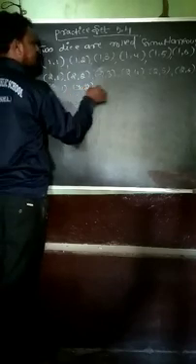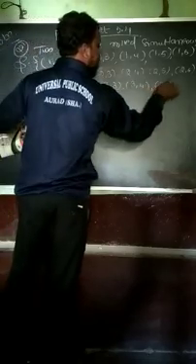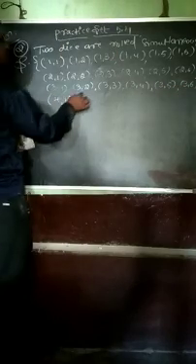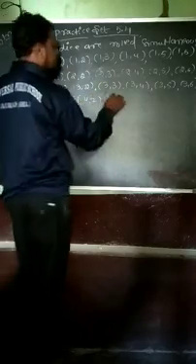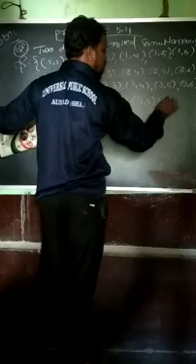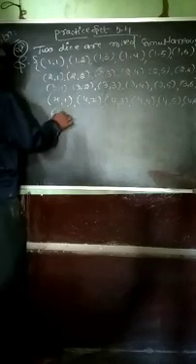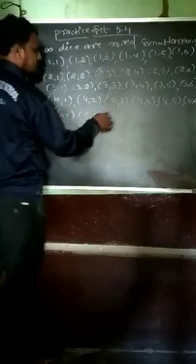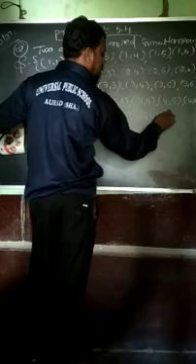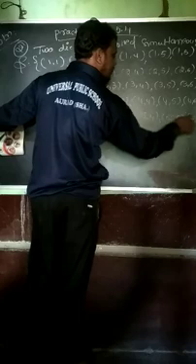3 2, 3 3, 3 4, 3 5, 3 6. 4 1, 4 2, 4 3, 4 4, 4 5, 4 6. 5 1, 5 2, 5 3, 5 4, 5 6, 5 5, 5 6.